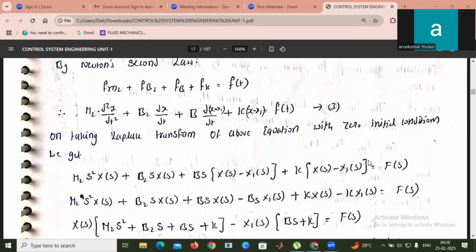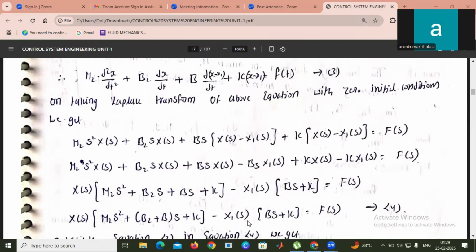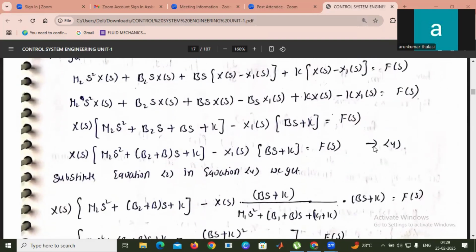This is the equation after applying the Laplace transform to equation 3. Again, we bring one group to x of s and one group to x1 of s. Finally, we get equation 4: x of s into (m2 s square plus (b2 plus b) s plus k) minus x1 of s into (bs plus k) equals f of s.